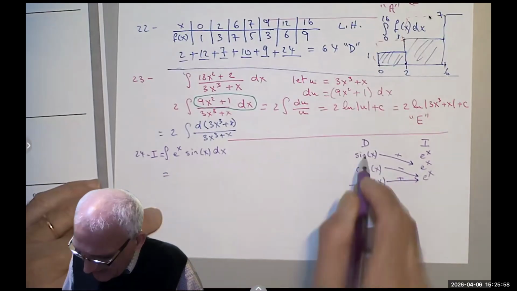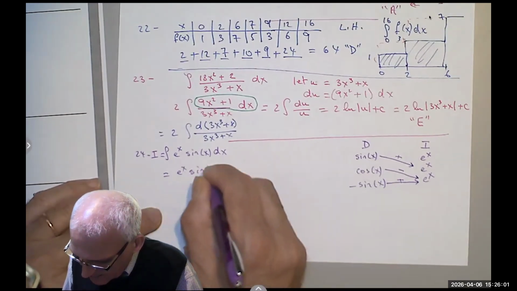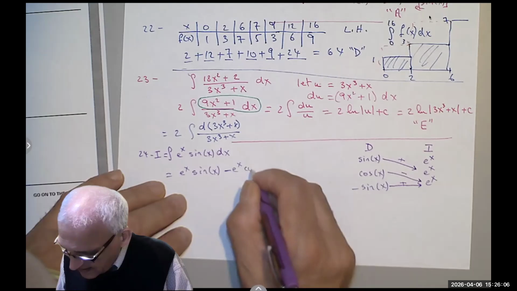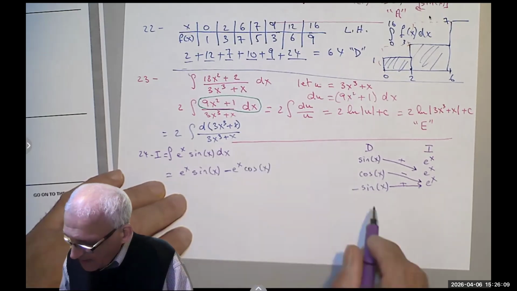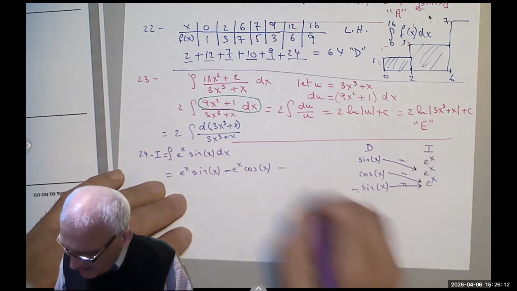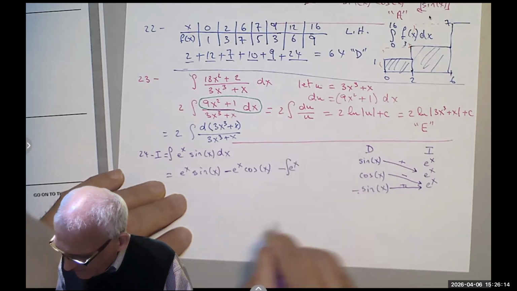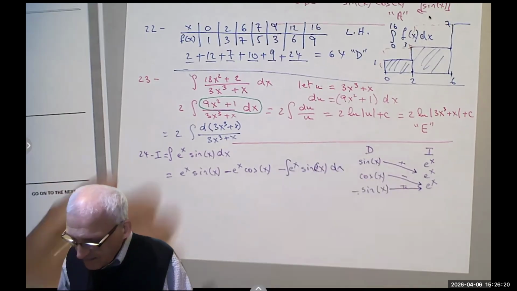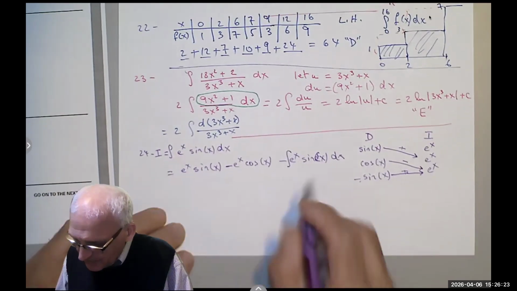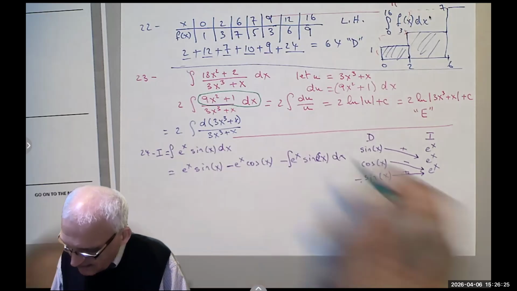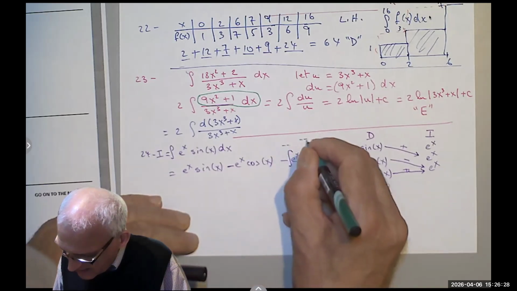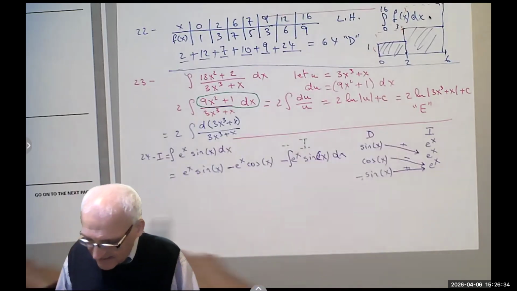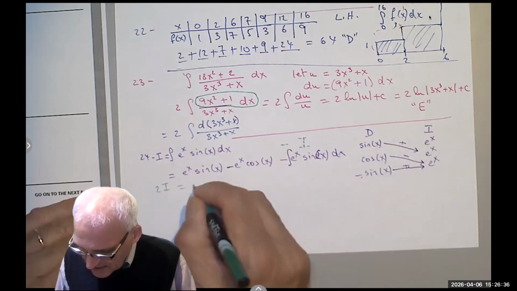We get e to the x sine x minus e to the x cos x minus again the integral of e to the x sine x dx. But this is the same as that, which I can write as minus I. This is I. Now, when I move it to the other side, I get 2I equals e to the x.